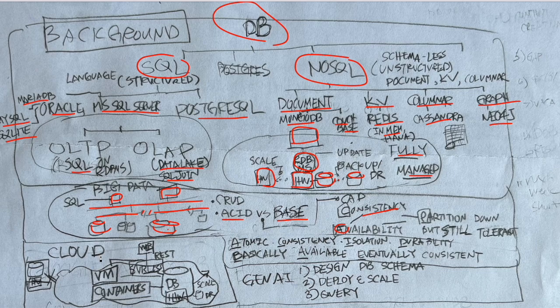Now, databases nowadays are all hosted in the cloud, and there are two reasons for this. Number one, you want your database to be managed by someone else. You want the scaling and the disaster recovery of your database to be managed in the cloud by a managed service. And the second reason is that your workloads are also in the cloud, either virtual machines, containers, or serverless.